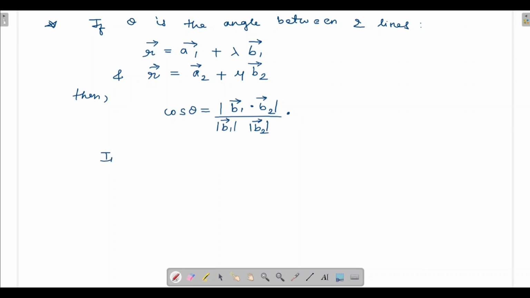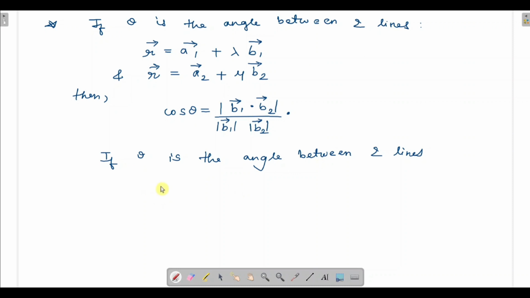Okay, and suppose theta is the angle between two lines, so here we have taken the vector form of equations of line. Now we will take Cartesian form.